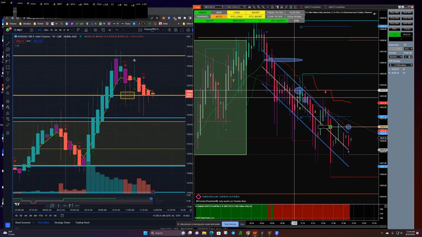Oh, these are 2 micros, so it's double that. So you're looking at about $20 here, $20 here, and a loss of about double this, so $5. So this would have been a good trade. That's Heikin-Ashi. Okay.